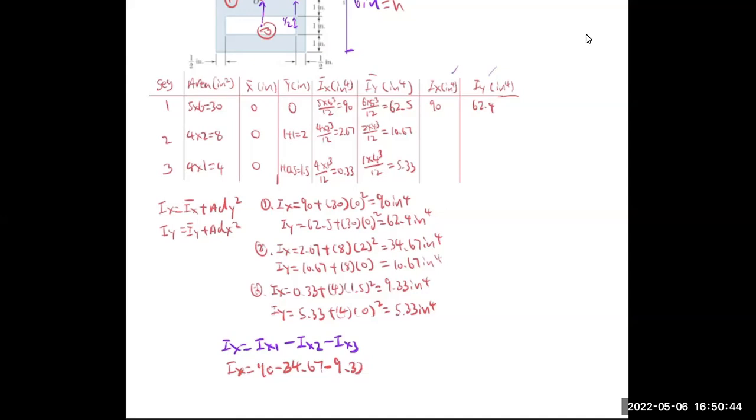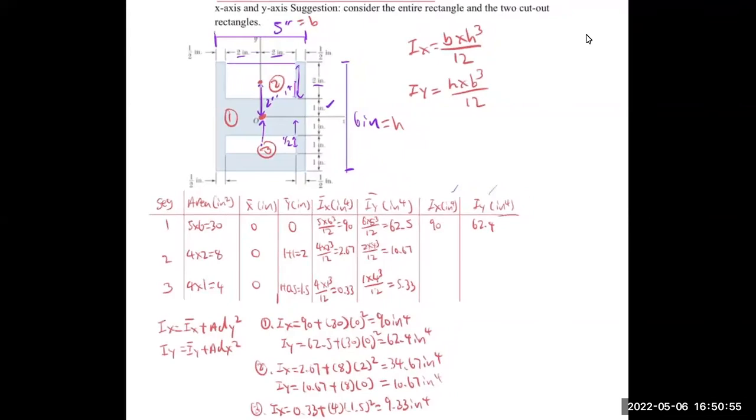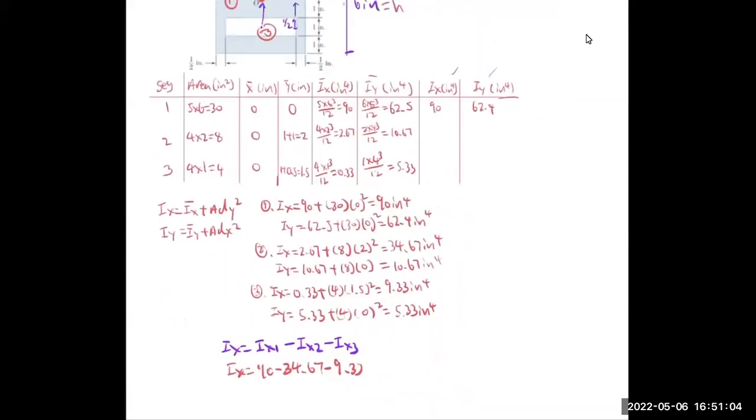Originally that space is an empty space, but we just imagine they are there so that we don't have to break this thing into different segments, because if we don't do that, then this will be a segment, this will be a segment, right? And you're going to get Ix equal to 46 inch to the fourth.